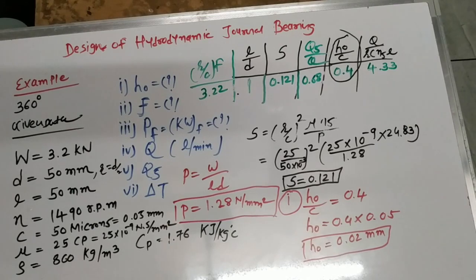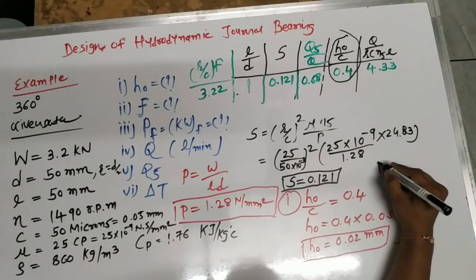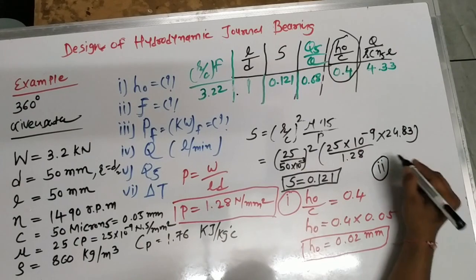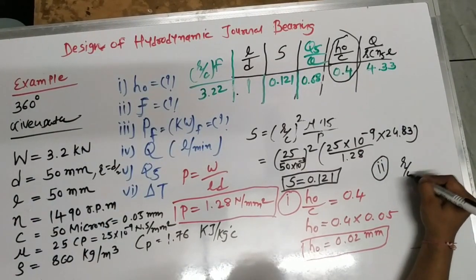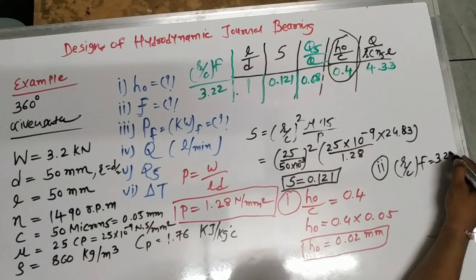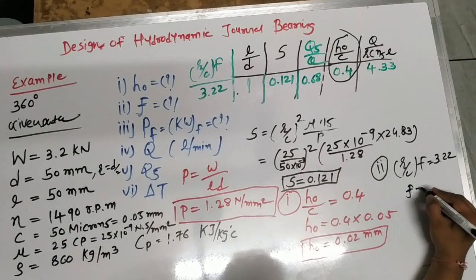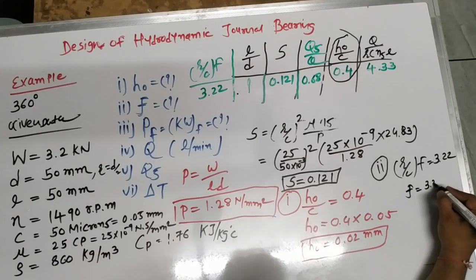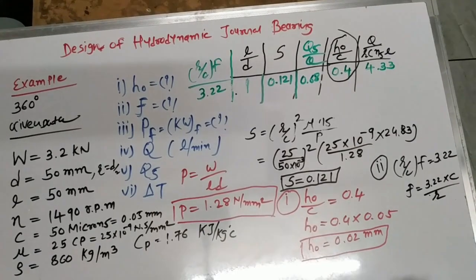Now let us solve another parameter. The second one is the coefficient of friction. For the coefficient of friction, we have the data from the data book, R by C into F equal to 3.22, right? If I simplify it, F is equal to 3.22 into C divided by R, right?